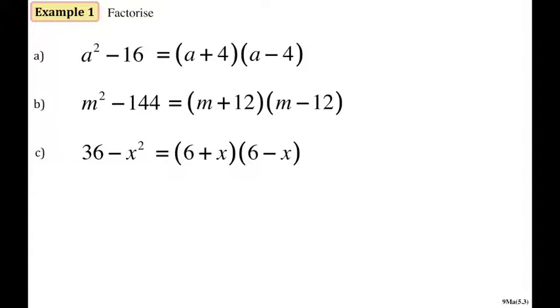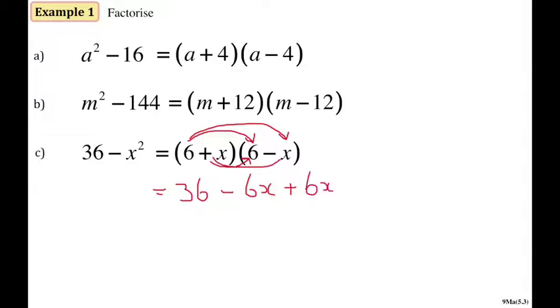And just so we can see it work, I should have done this earlier, let's times this out. What's 6 times 6? 36. What's 6 times minus X? Minus 6X. What's X times 6? Plus 6X.